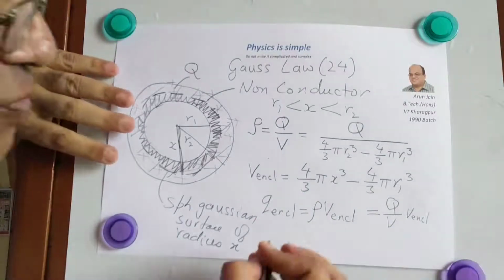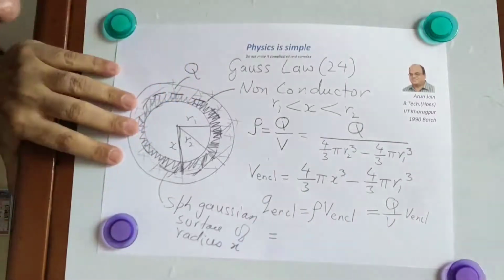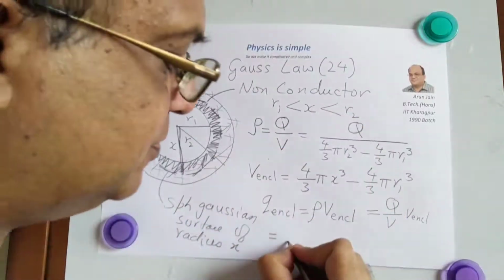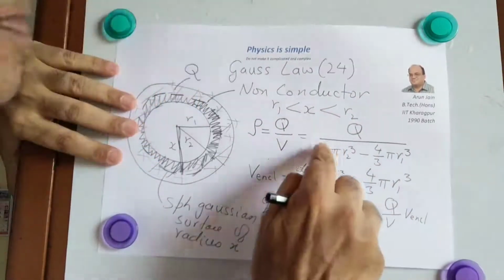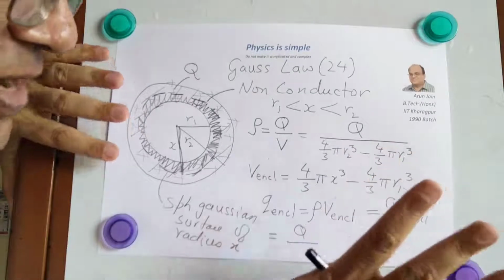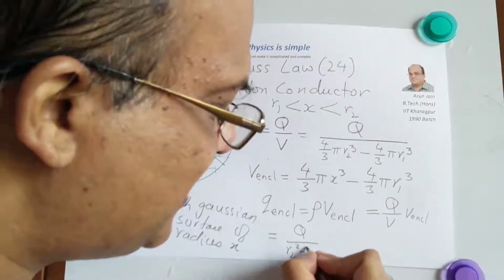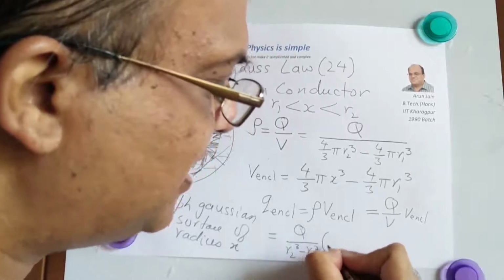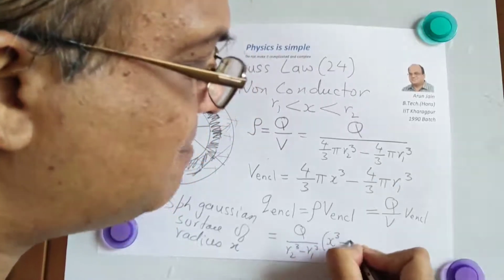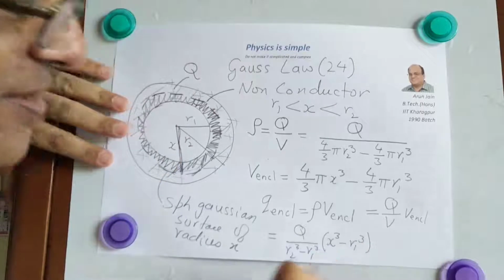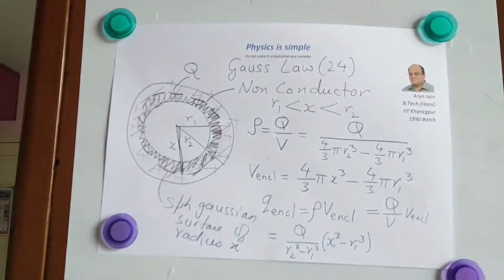So therefore this will become equal to Q. This 4 by 3 pi will cancel, okay, so you'll be left with R2 cube minus R1 cube multiplied by x cube minus R1 cube. So in this situation, the charge enclosed is so much.